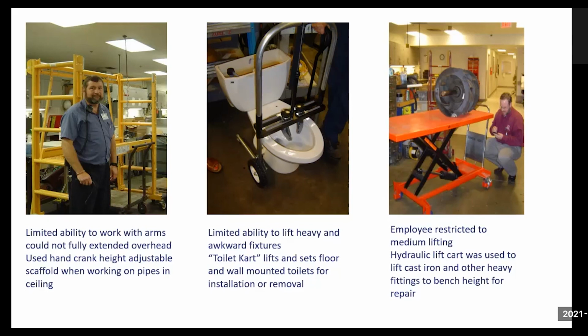And with his back injury, he could not continue moving toilets in and out when things needed to get fixed. And so there is a really cool tool called a toilet cart. It lifts up the toilet for you, so he didn't have to strain himself. And then lastly, we had a hydraulic lift. So whenever he was fixing parts, he could get them on the lift really easy. So job saved.